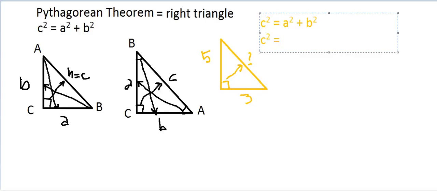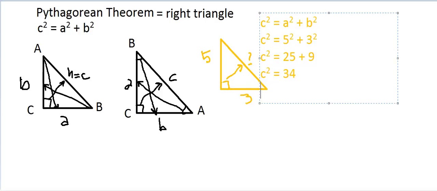So for example, our a is 5. So we'll square 5 plus our b, which is 3, so we'll square 3. So c squared here is equal to 25 plus 9. And so c squared is equal to 34, right?